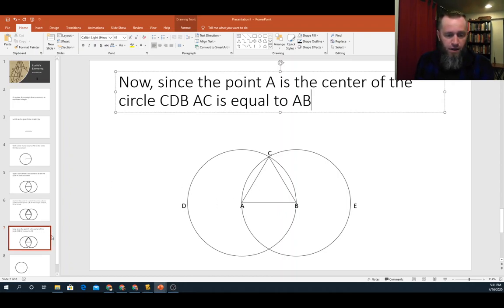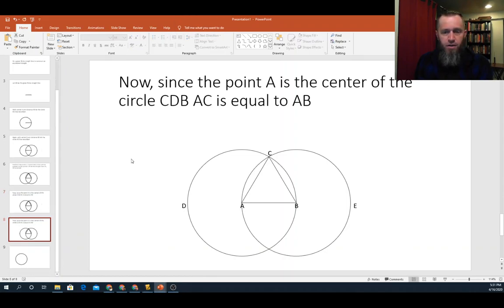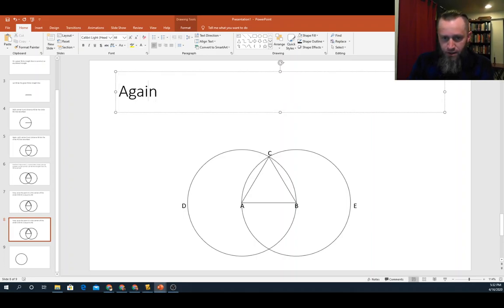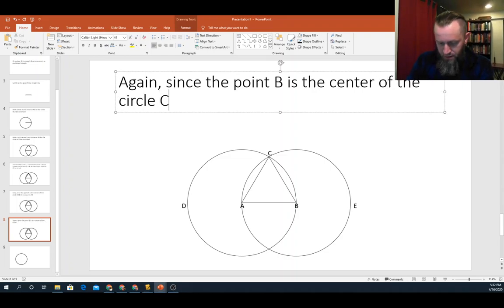All right. I think you can probably guess what's coming, but let's do this properly. So let's duplicate our slide again and follow Euclid's argument. Again, he says, since the point B is the center of the circle CAE, BC is equal to BA.